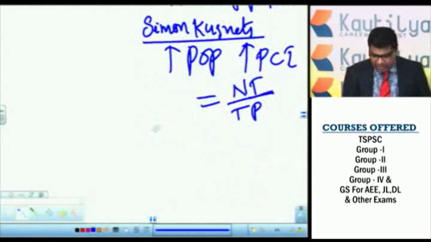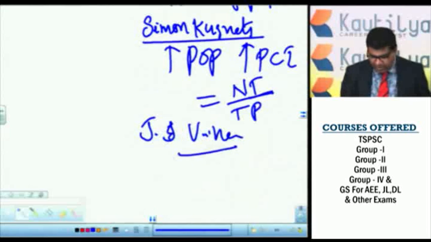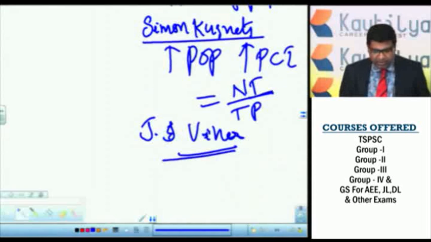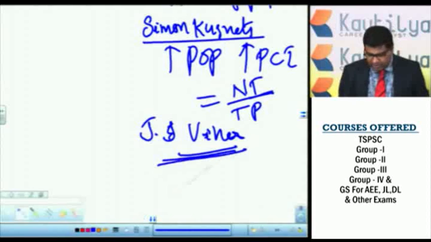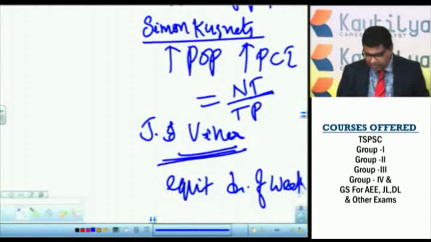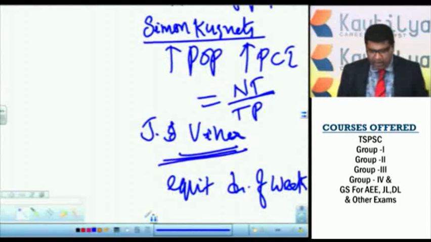Next, according to the famous economist Jacob Viner, economic growth is associated with equitable distribution of wealth. Equitable distribution of wealth is nothing but economic growth according to Jacob Viner.